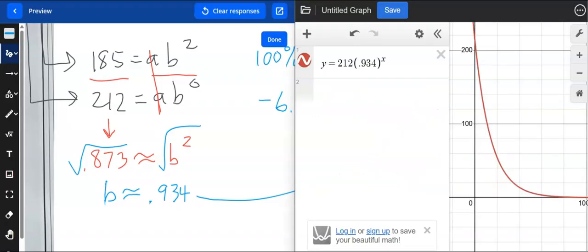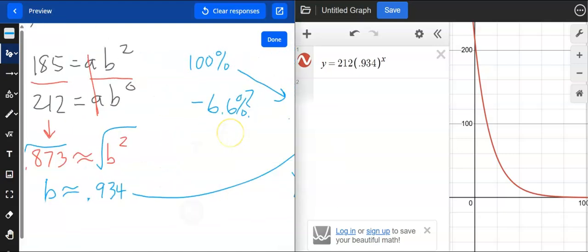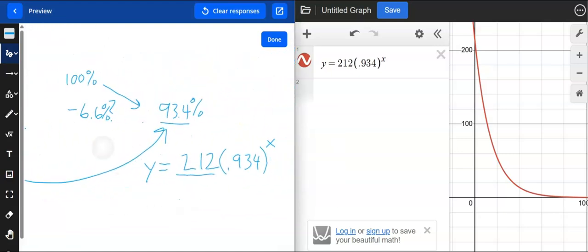So here's the graph of what you and I just created. Why is that completely unrealistic? What is wrong? Something you told me earlier. What? It goes below room temp.